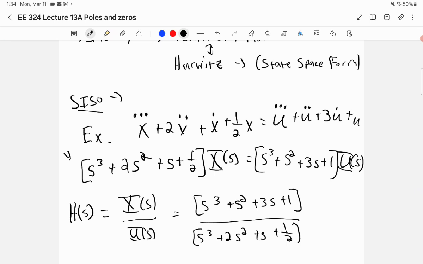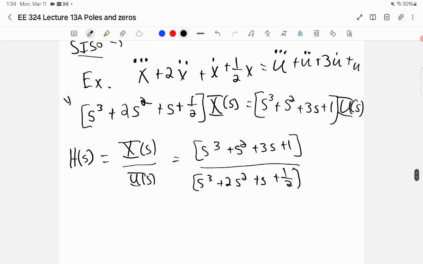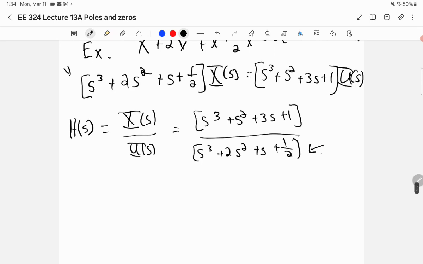And we're going to want to find the poles and zeros of this. And as I mentioned, the poles are going to be the important part. So these are going to be the poles. They're the poles of H(s).